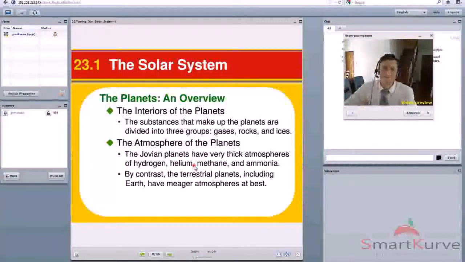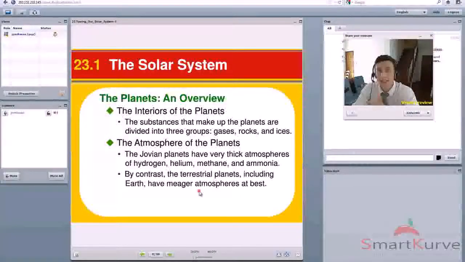On slide 10, there's a really great picture that can give you an idea of the scale of all of these planets, especially when compared to the Sun. Notice a few things here. Notice all of the terrestrial planets, Mercury, Venus, Earth, and Mars, are absolutely tiny compared to Jupiter, Saturn, Uranus, and Neptune.